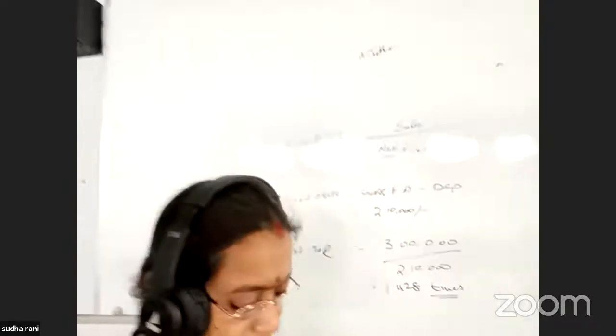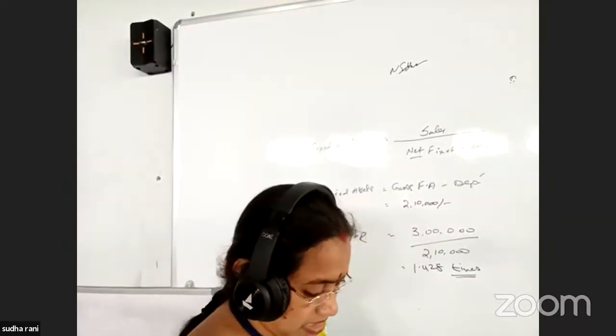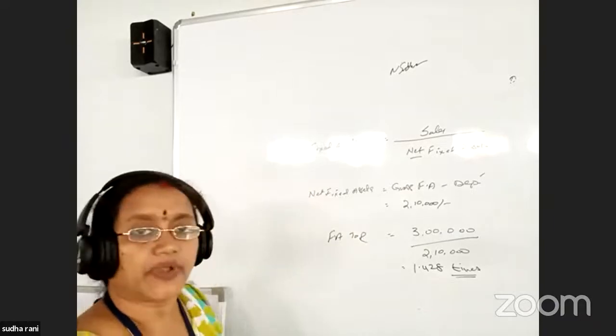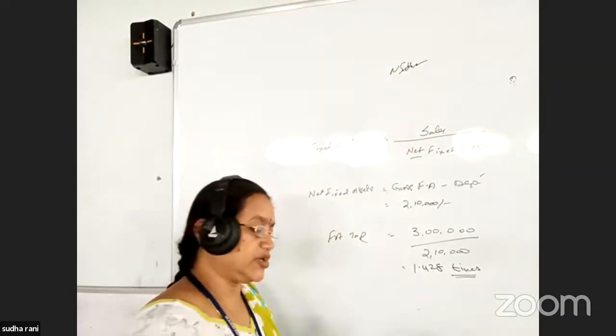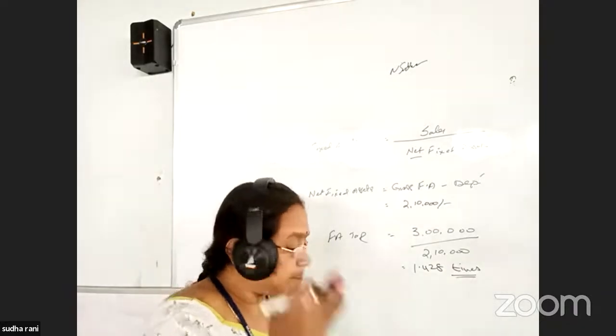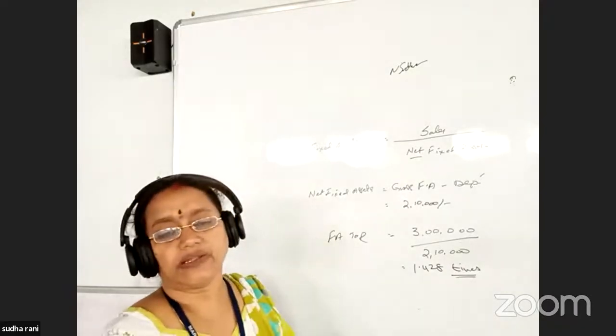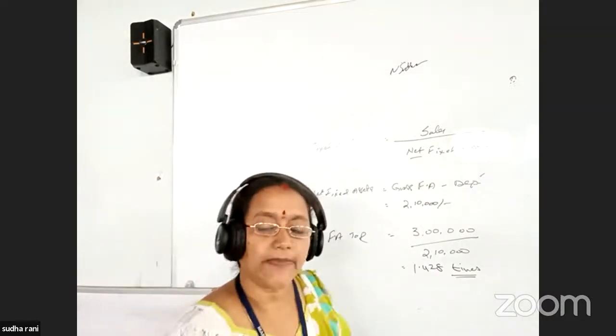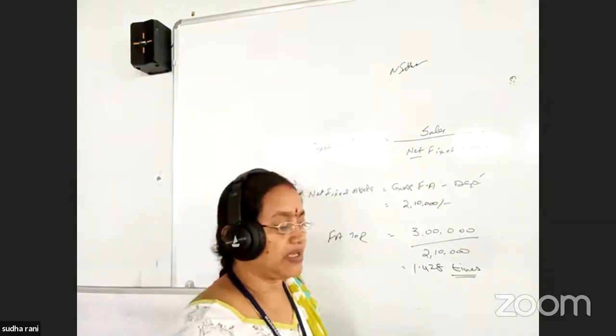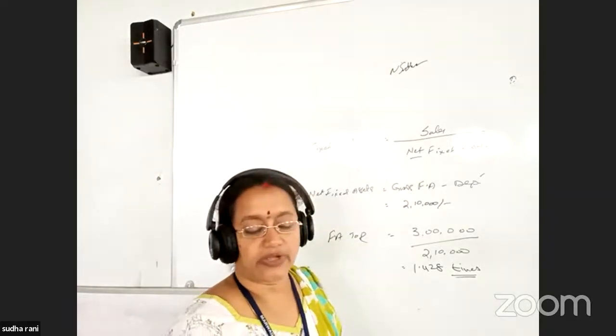Understood? Next one is profitability ratios. In this question, we have been provided with the profitability ratios. Profitability ratios tell about the performance of a company during that particular year, how the company is making profits.